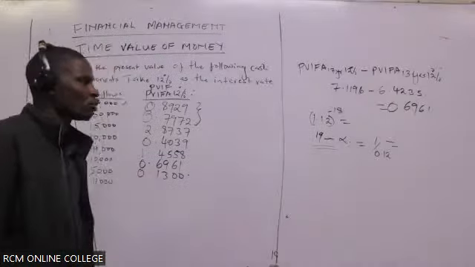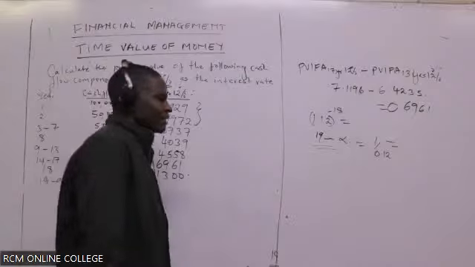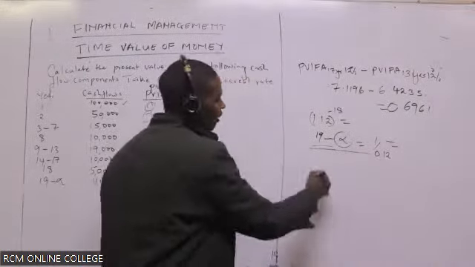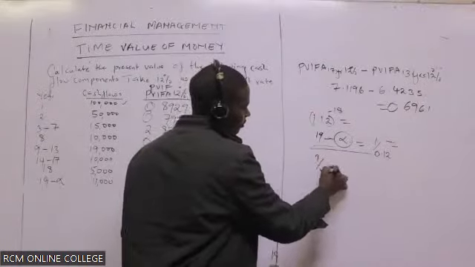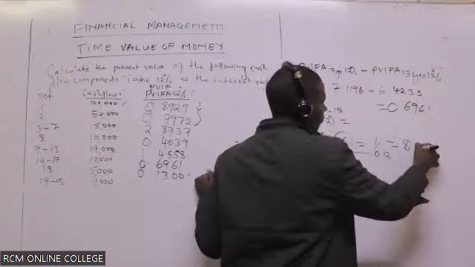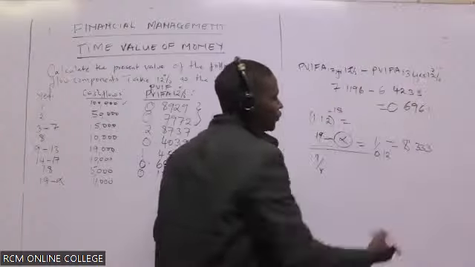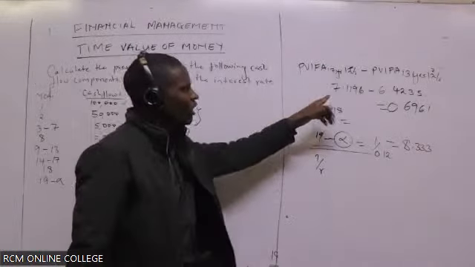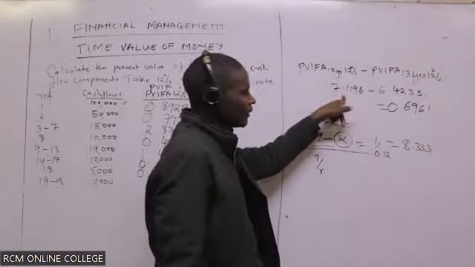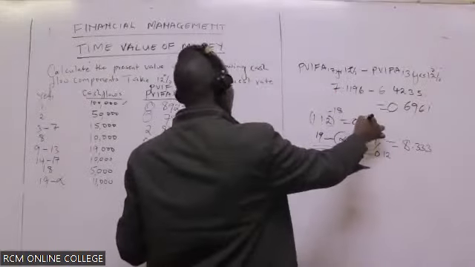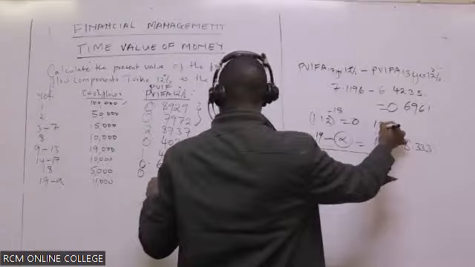We said that to get the present value of infinite, it is 1 over R. R is 0.12. So 1 divided by 0.12 gives 8.333. Now, this was for how many years? 17 years. And the year 18 is this 0.1300.